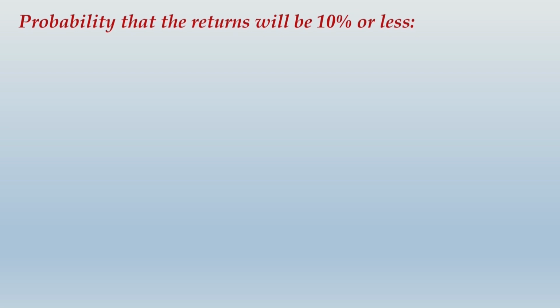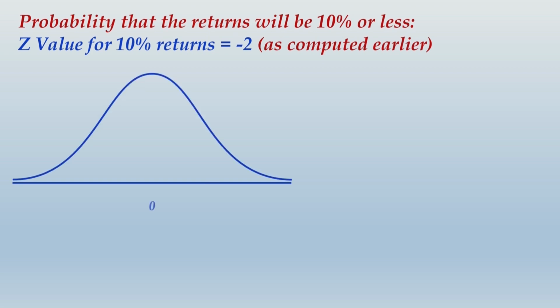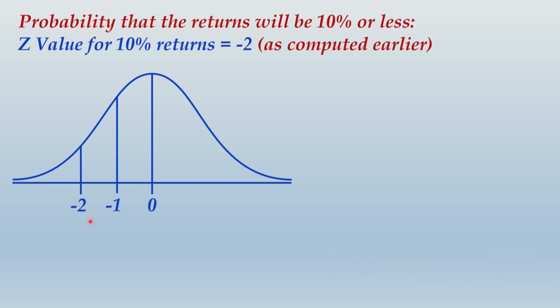Now what we have already seen, the Z value for 10% returns is -2. So the area under the normal curve for this particular value, Z equal to -2, the area below that will represent the probability that the returns will be up to 10%, because -2 is the limit for returns up to 10%.